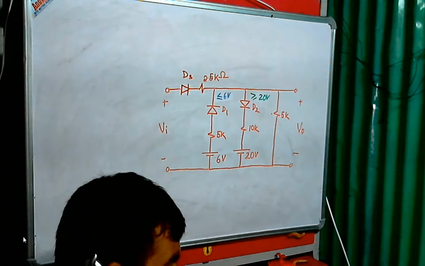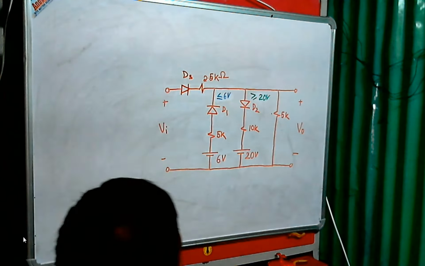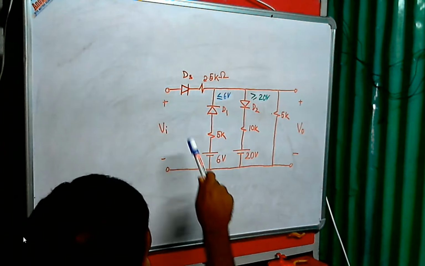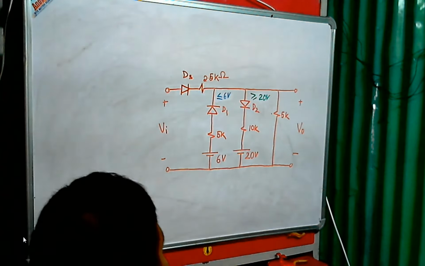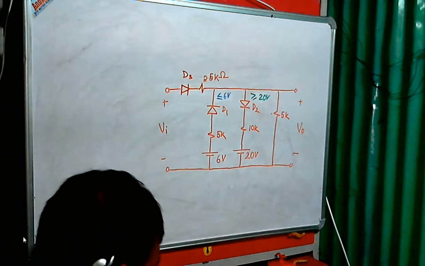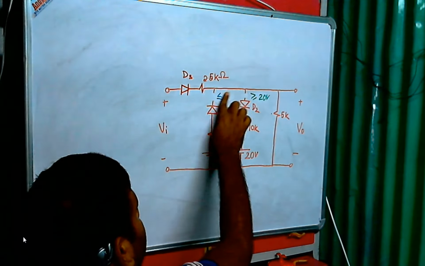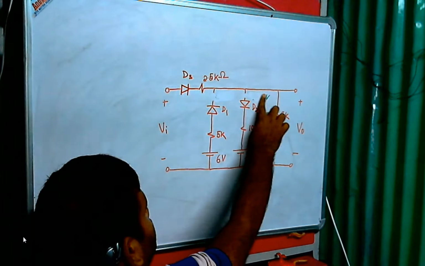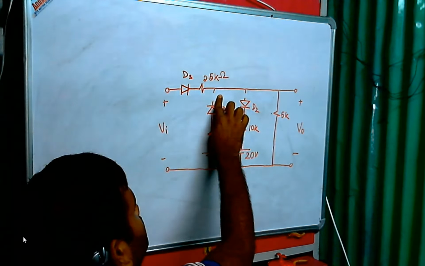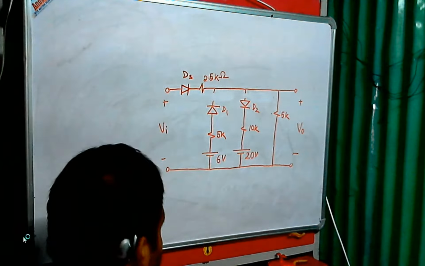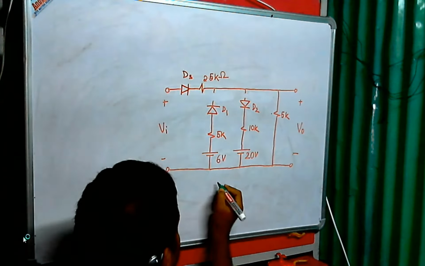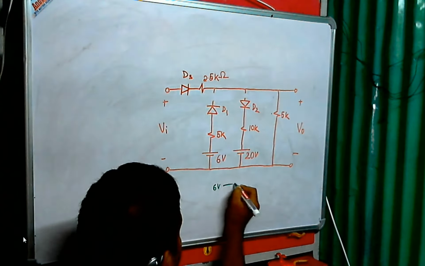So in between 6 volt and 20 volt, both diode D1 and D2 are off. So you can remove this connection because both are off between 6 volt and 20 volt. So this is the situation when the output is between 6 volt and 20 volt.